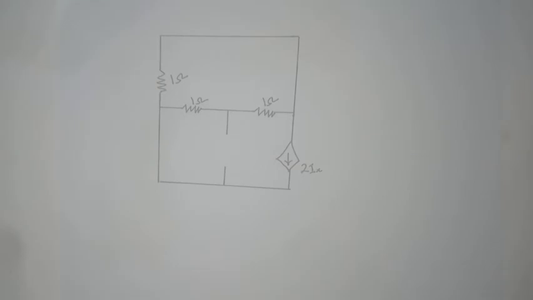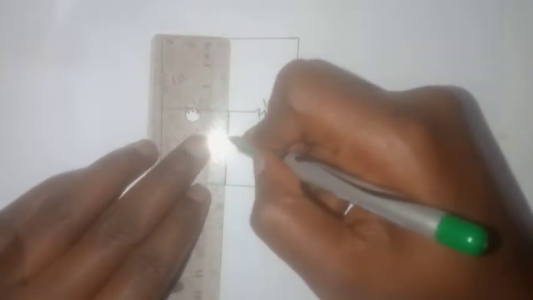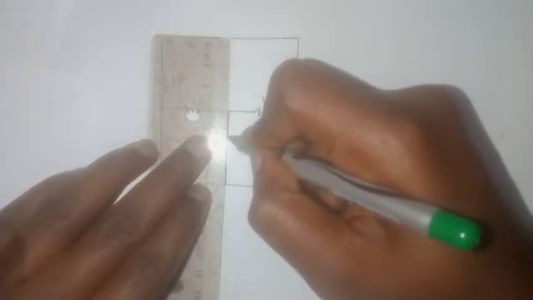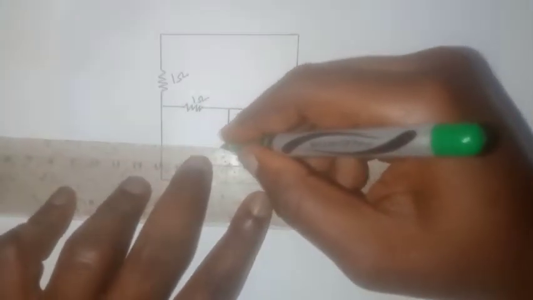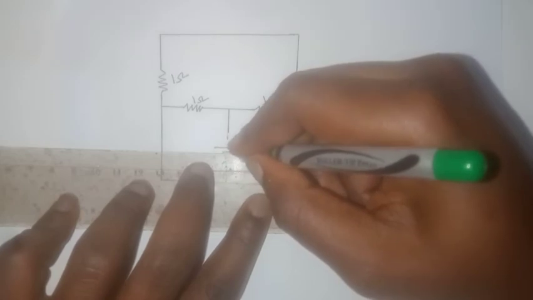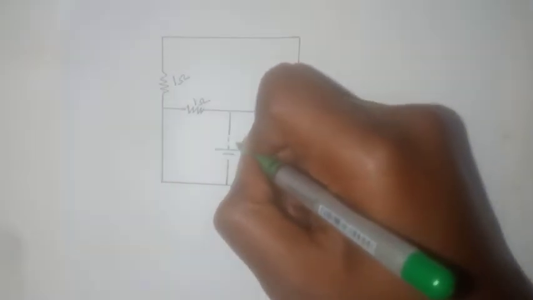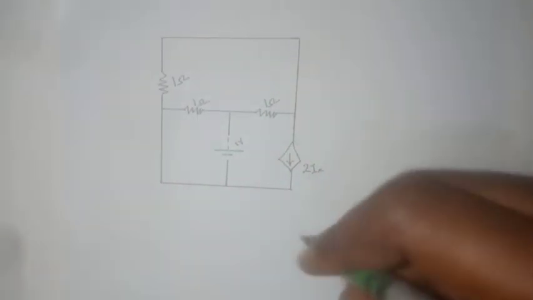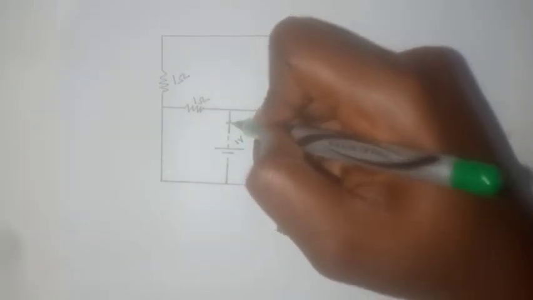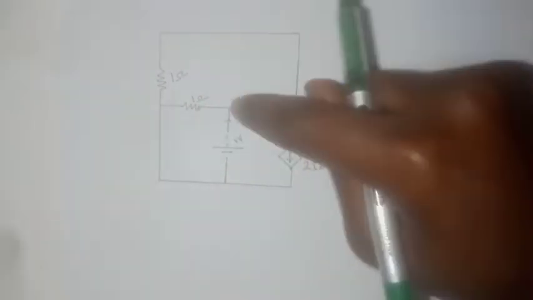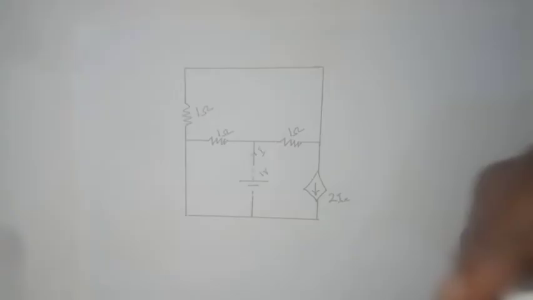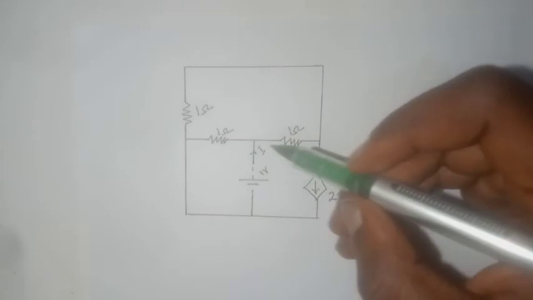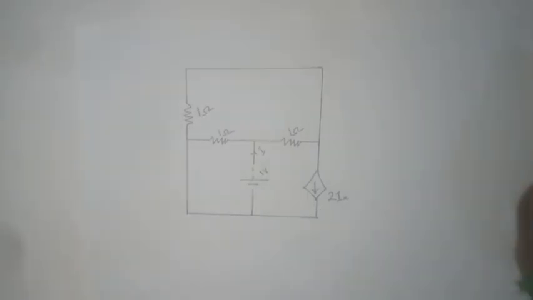And what we're going to do next is connect a test voltage across these terminals, the open circuit terminals. So this is our test voltage right here, and it's going to be a test voltage of 1 volt. So now what we're interested in finding is the current I coming out of this power source. You can easily determine the value of the current I using mesh analysis.